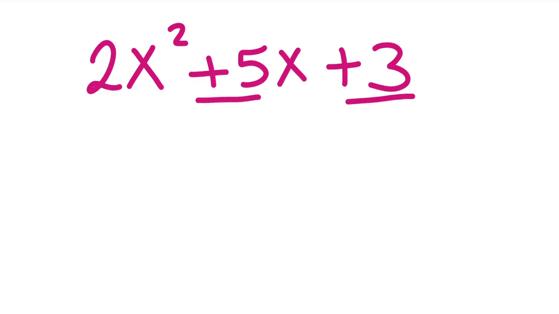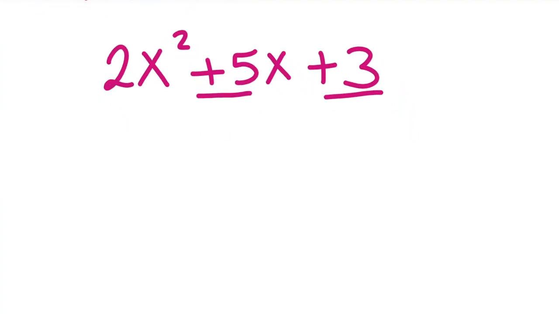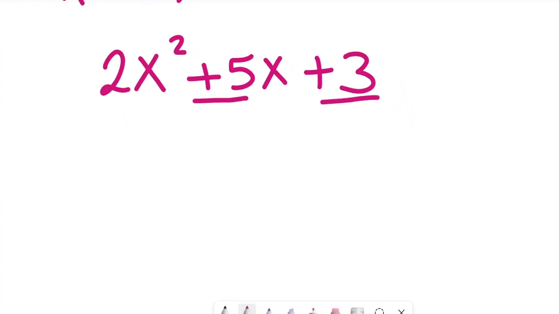There is one step we have to do beforehand, and that step is to multiply this number by this number. So 2 multiplied by 3 will be equal to 6.